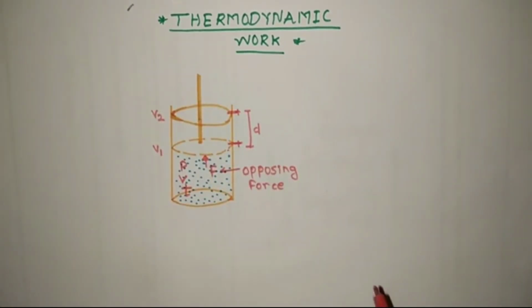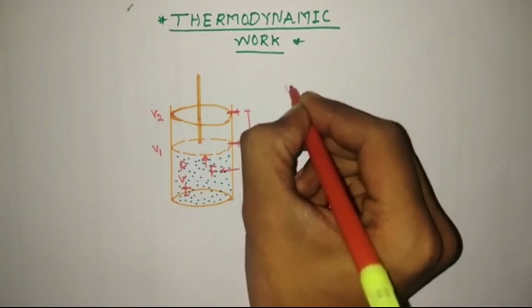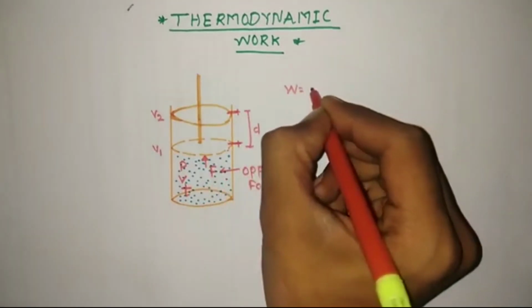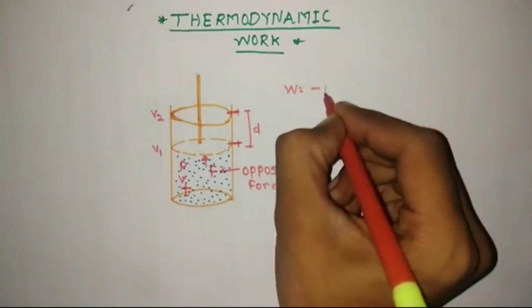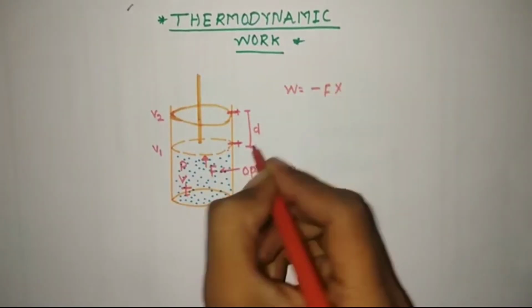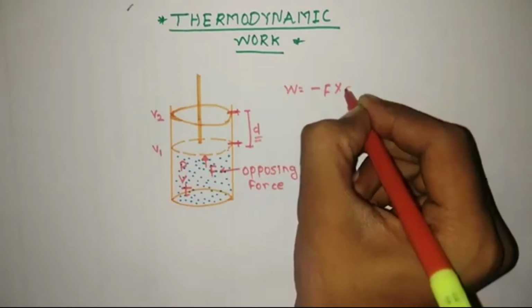Now, we know that work is given by force into displacement. So work equals the force acting in the upward direction, so it is negative, being an opposing force, with a displacement of d.